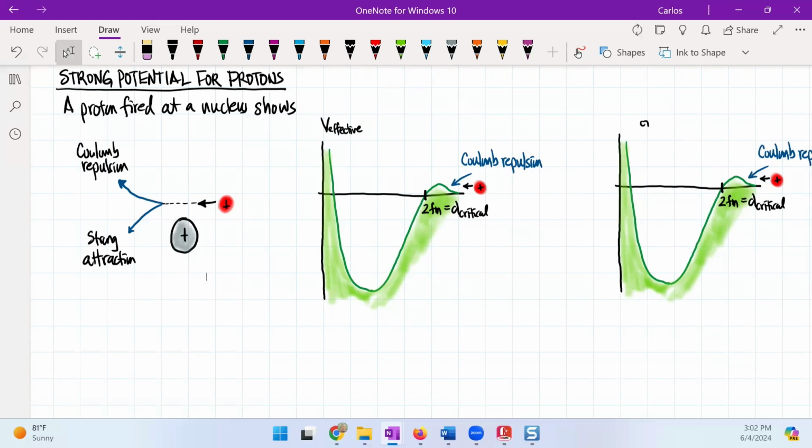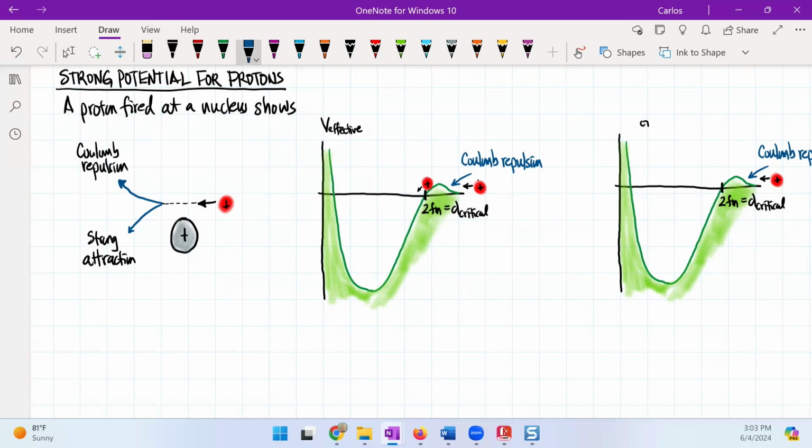I have Coulomb repulsion, and then look at what happens here. Look at where the proton is. Right here, I have the proton coming in, and as it comes in, you see that downward slope.